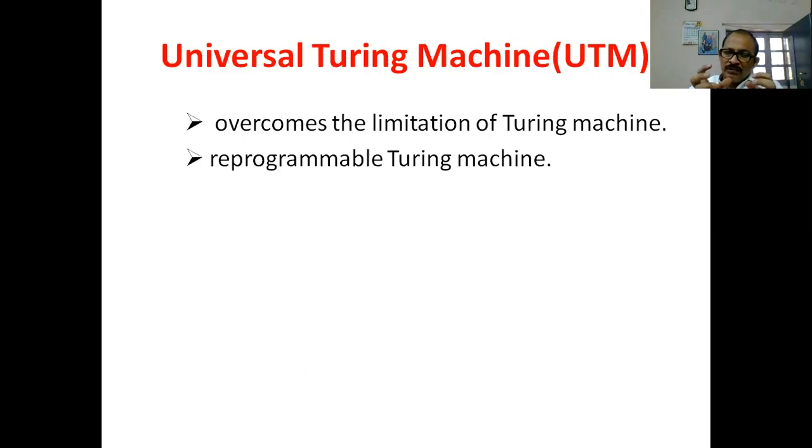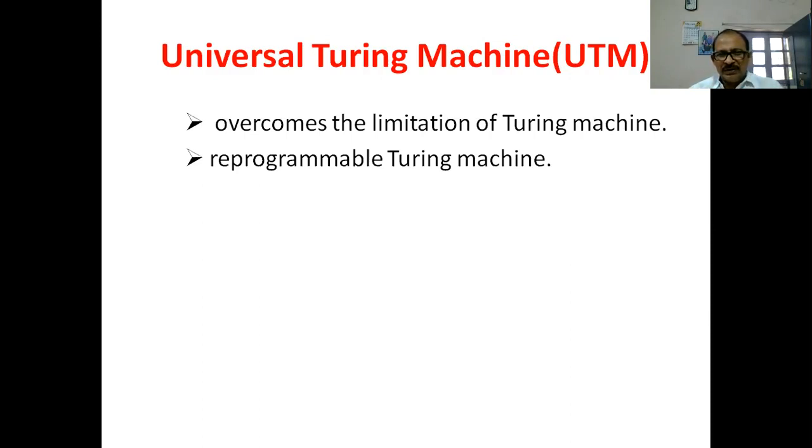A digital computer takes programs and inputs and performs the operations depending on the instructions written in the program. In the same way, the Universal Turing machine takes a Turing machine. And what is a Turing machine? We can describe a Turing machine with the help of the transition functions, and it is like a program.